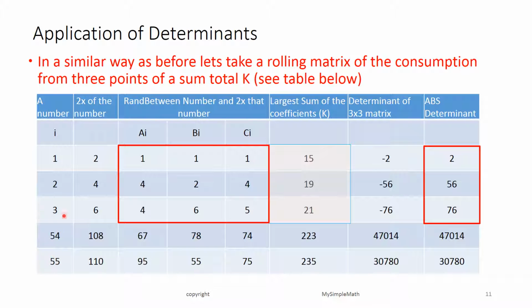I didn't want to show too much data in here, but this is continuously going forward. And all of these numbers are random. For example, I just took Excel and used a random number between 1 and 2x of that number. Why did I take 2x?